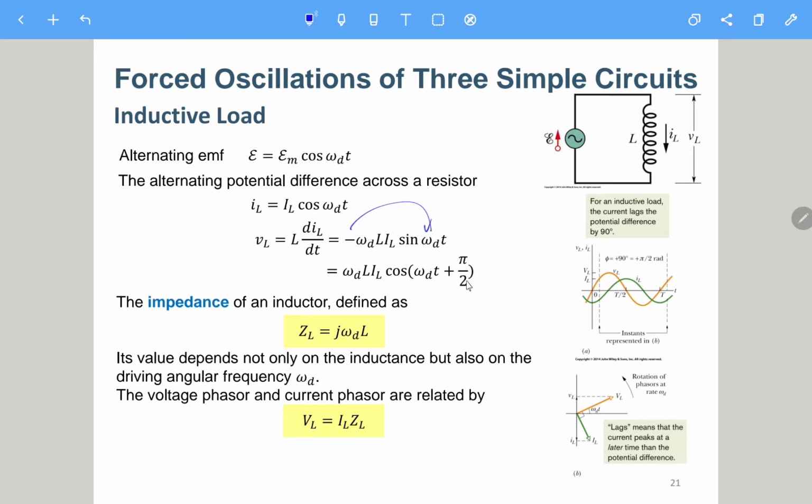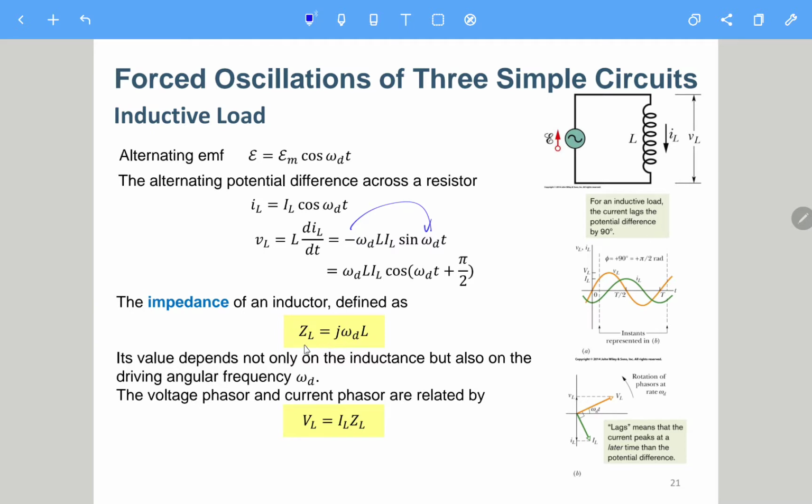So in this case, we have plus pi over 2 phase shift rather than negative pi over 2. So in this case, we have positive j here. And then if you divide this amplitude by this amplitude, I_L and I_L cancel. So we have omega L here.